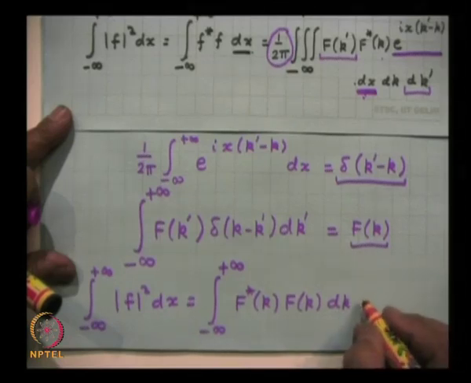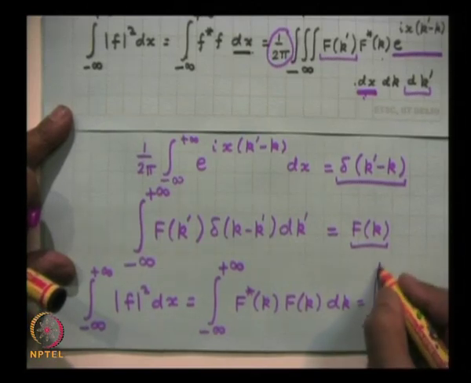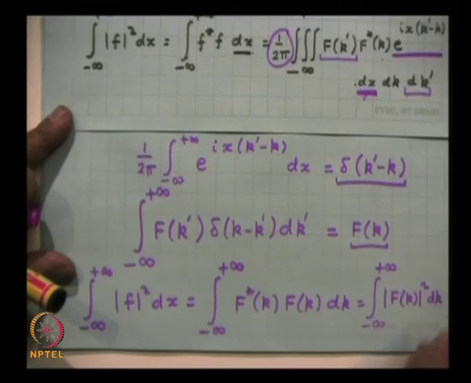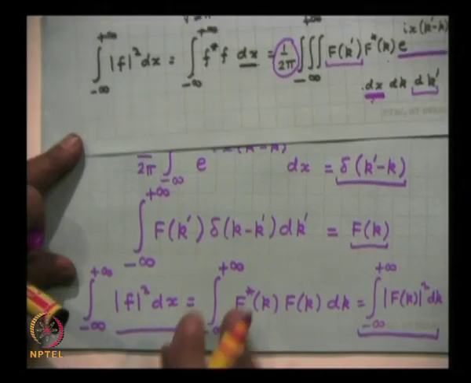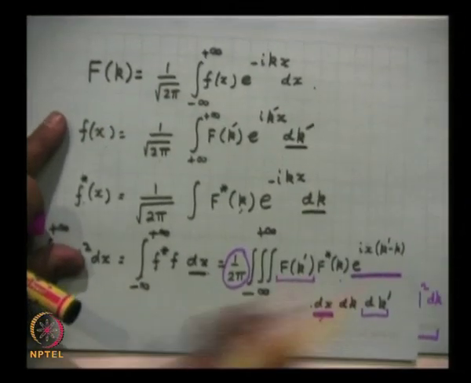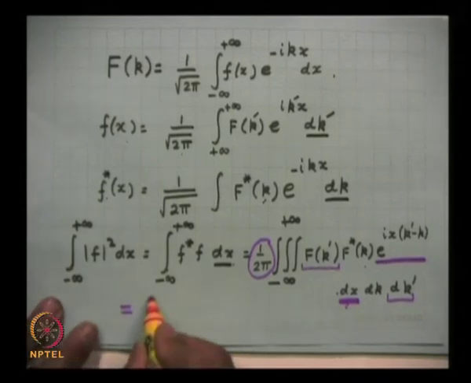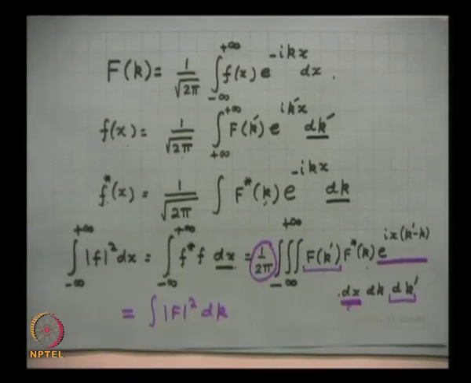That is the very important relation known as Parseval's theorem: the integral of the mod square of the function and that of the Fourier transform are equal. So, if one of them is normalized, the other will be automatically normalized. So, we obtain the very important relation that the integral of mod f square dx is equal to the integral of mod f of k square dk. This is known as Parseval's theorem.